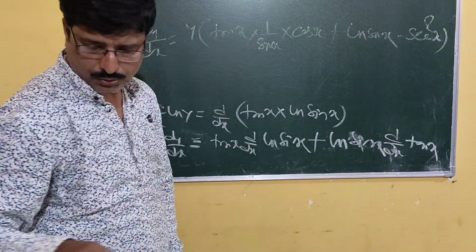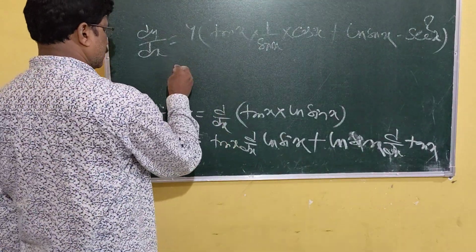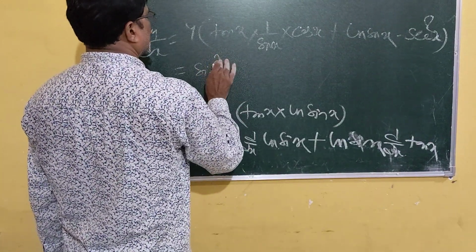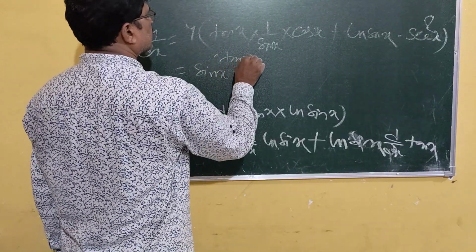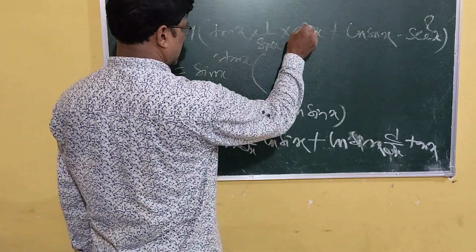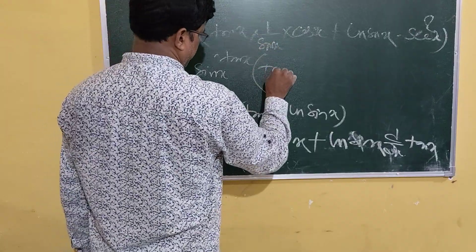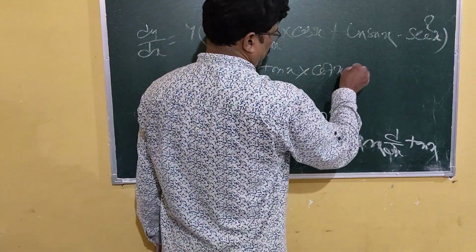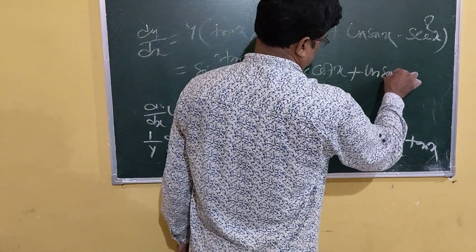So putting the value of y, sin x to the power 10x into, it becomes 10x into cos x by sin x, that is cot x, plus 10 ln sin x.